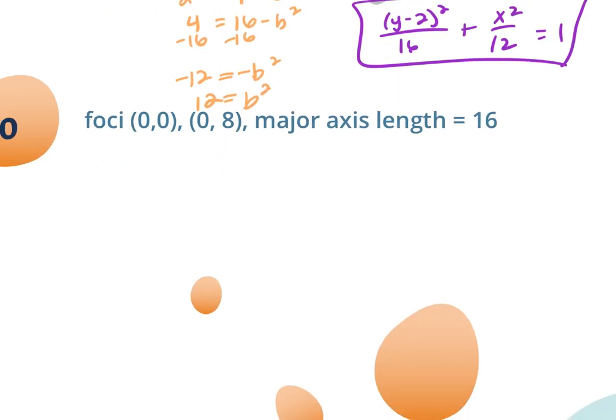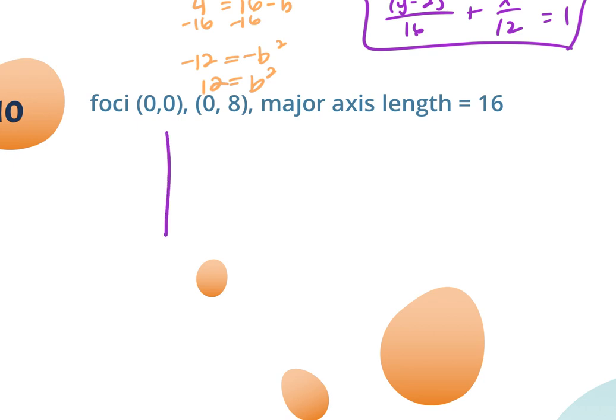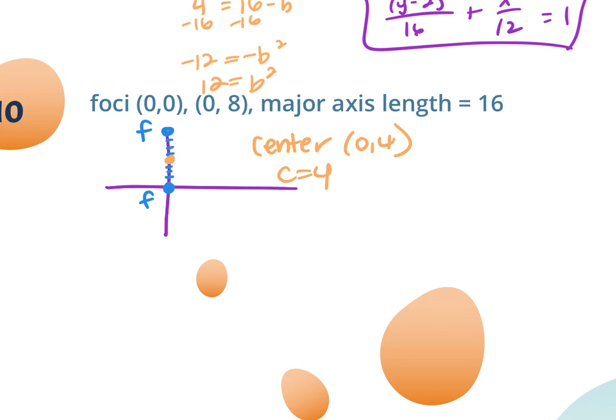All right, last one. Foci is 0, 0 and 0, 8. So 0, 0 and 1, 2, 3, 4, 5, 6, 7, 8. What do I know? Center 0, 4. C equals 4. Good. And?